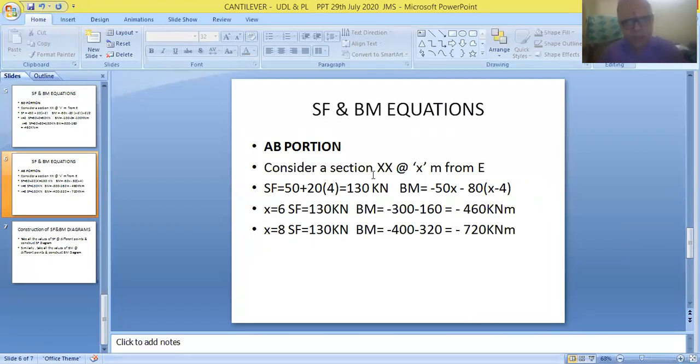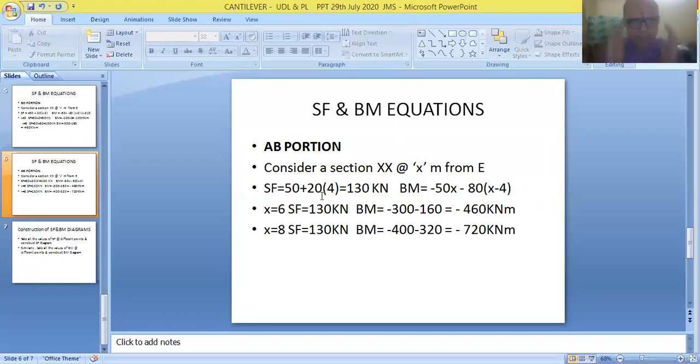So here we have to consider all the forces acting at the right hand side of the section from the free end of the beam. So point load will come into the picture and UDL will also come into the picture. The point load is taken directly as 50 kilonewtons. Now this UDL is converted into a point load.